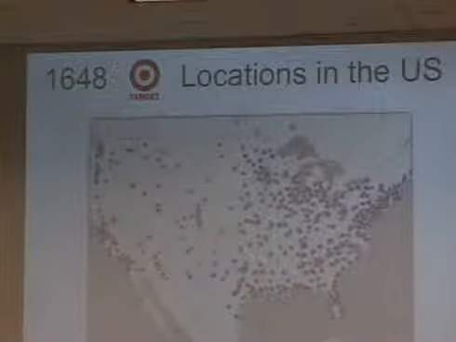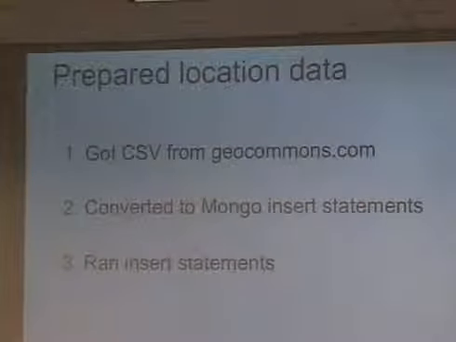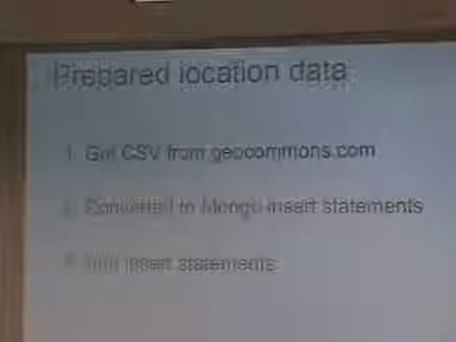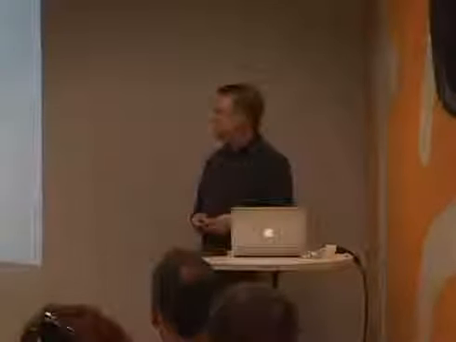And I basically went and collected this data from a publicly available repository called GeoCommons, transformed it into a CSV file, converted this into a bunch of Mongo insert statements, and populated a collection. So that was a pretty simple process, and that only took maybe an hour.